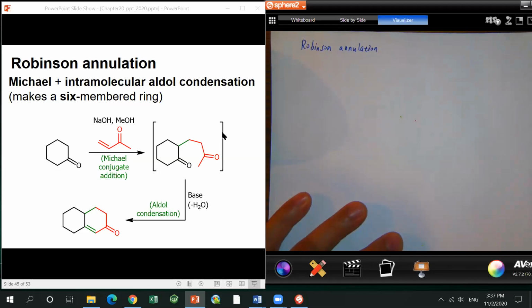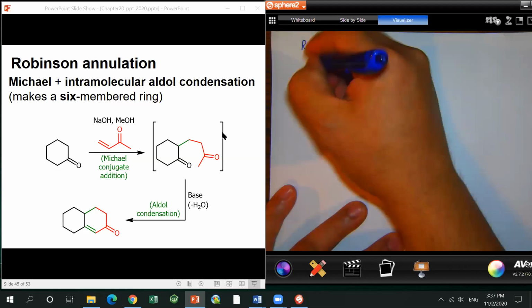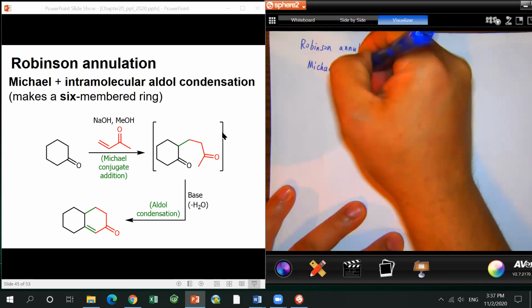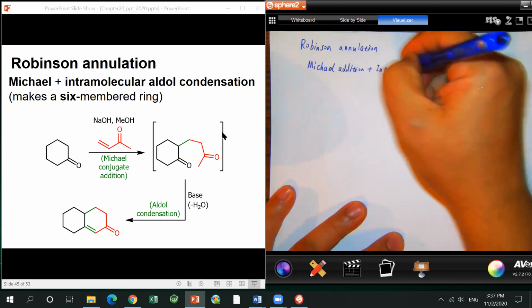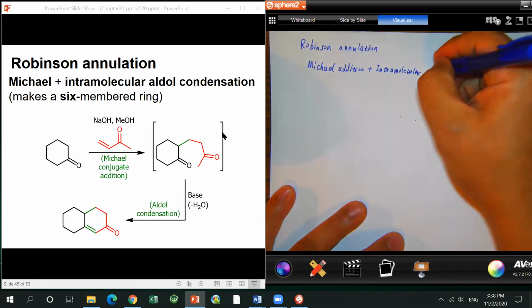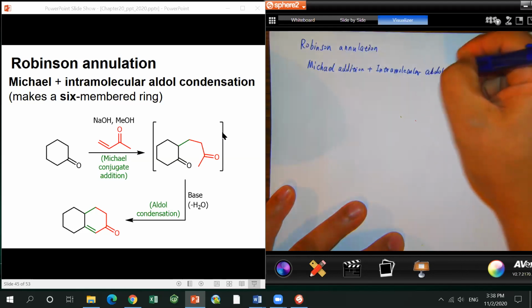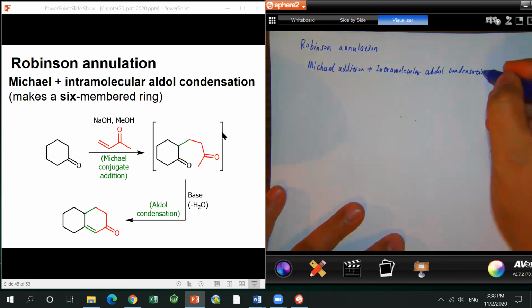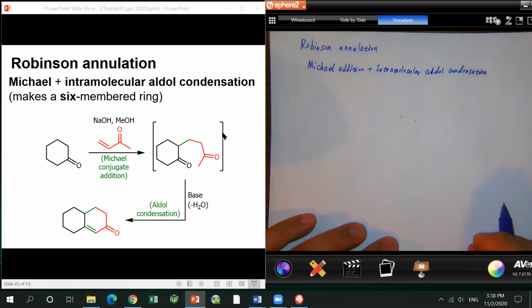For Robinson annulation, keep in mind that it's a Michael addition plus an intramolecular aldol condensation. So that's two tandem reactions. The Michael reaction happens first, followed by the intramolecular aldol reaction.